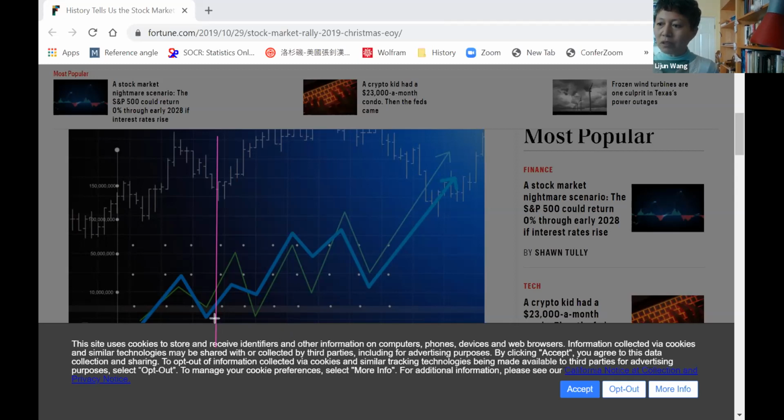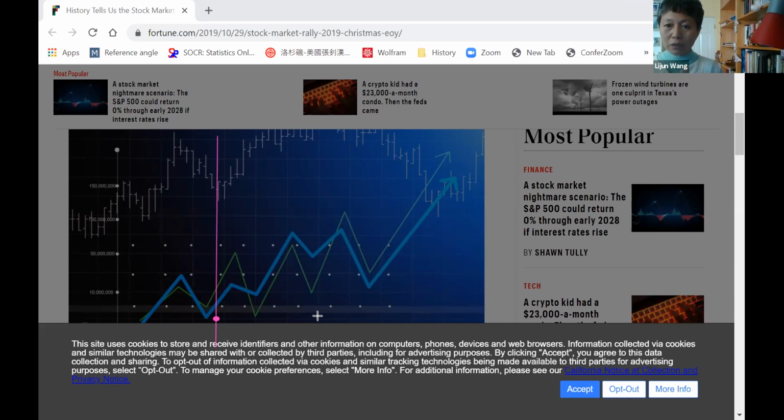Suppose this dot is 2018. I'm just making some assumptions because I want to show you what the input and output are, how we read the chart, and why this definition is so important and useful.